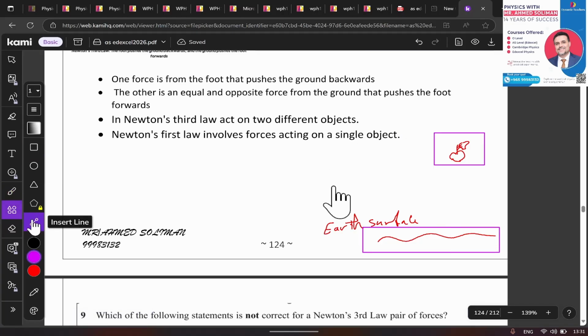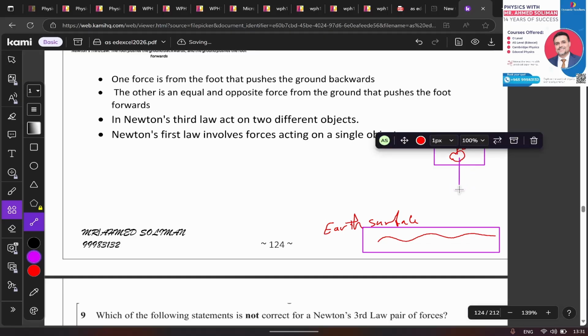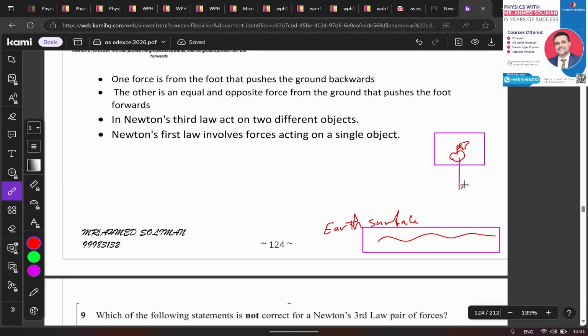So now we have the first force, the gravitational force. We can write: Earth attracts the apple downwards, right? Due to gravity.